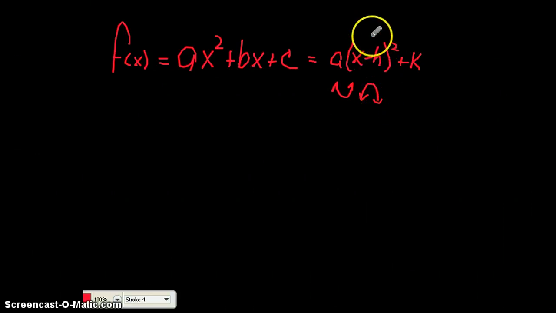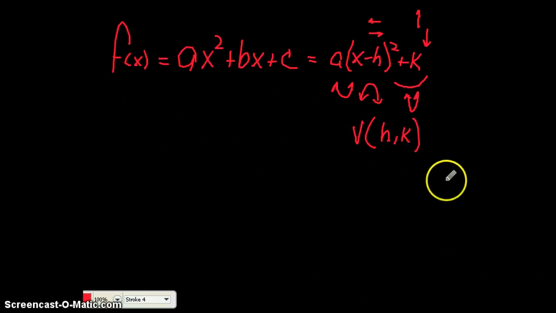If it's minus a number, it goes to the right. If it's plus a number, it goes to the left. If it's plus k, it goes up. If it's minus k, it goes down. Also, if a is less than 1, it's wider. If a is greater than 1, it's more narrow. We also know the vertex is h comma k. That makes it easy.